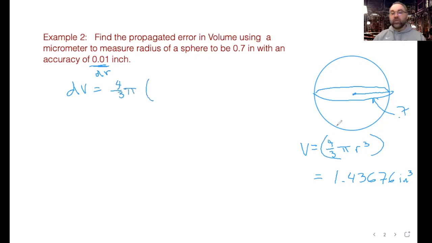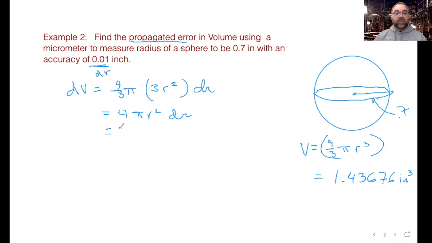And what's the derivative of r cubed? Well, it's 3r squared. Now remember, there's a dr. Now we'll do a little algebra and clean that up. We get 4 pi r squared dr. So the propagated error can be approximated using a differential.